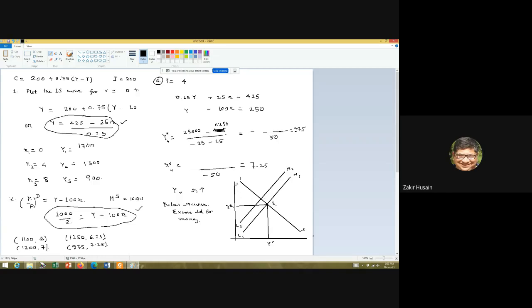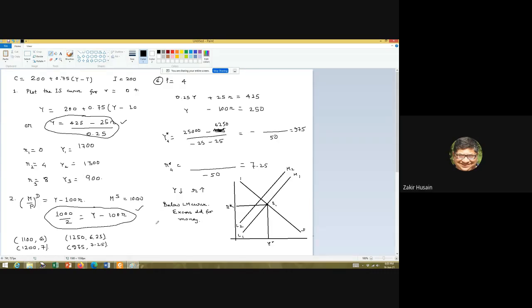Okay, so if we have excess demand for money, then what will happen to the rate of interest? It will rise. Yes. But what is the mechanism?